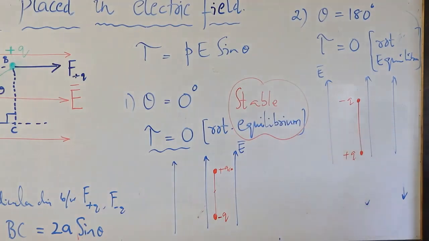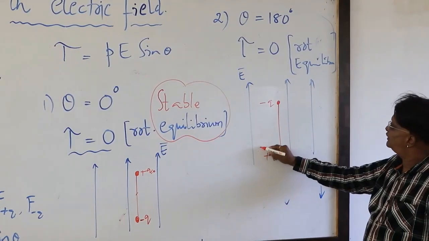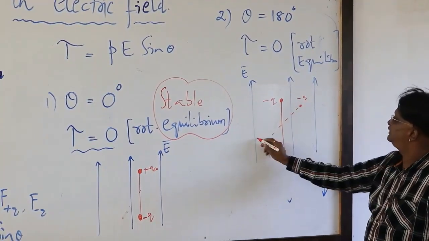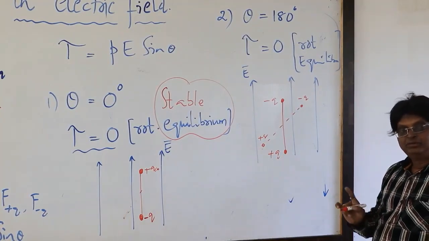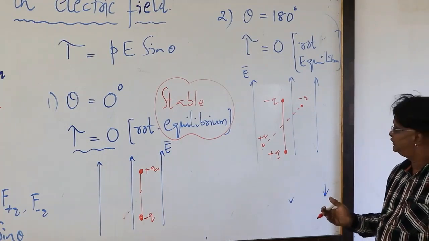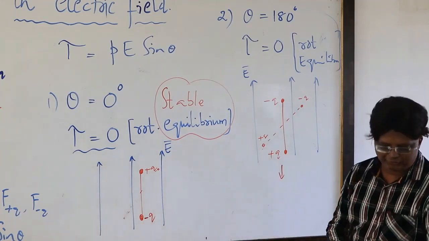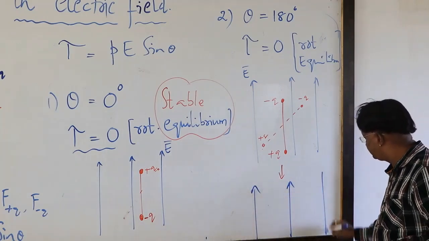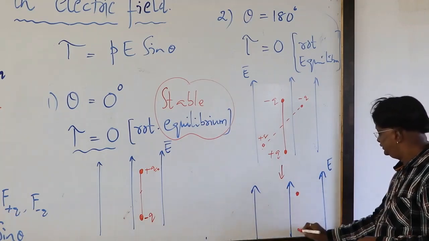Now comes this question. Minus q, plus q. It is in equilibrium. Supposing you have a small slight disturbance such that this is minus q and this is plus q. Now what happens? The field tries to bring the dipole in its own direction, is it not? Therefore, the new position after a slight disturbance of the equilibrium position is this.